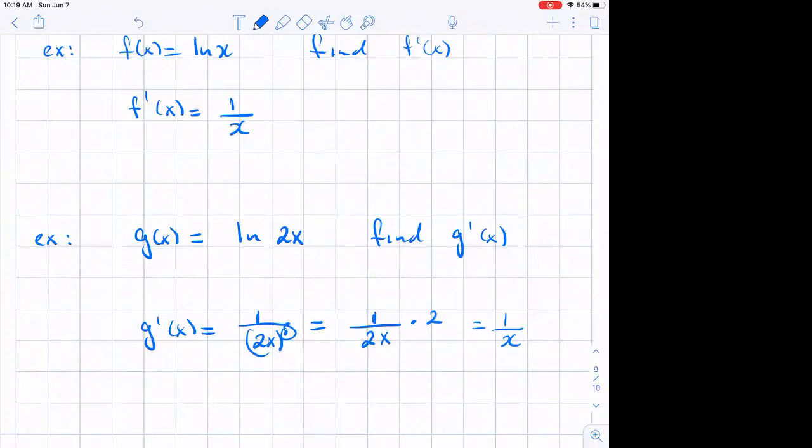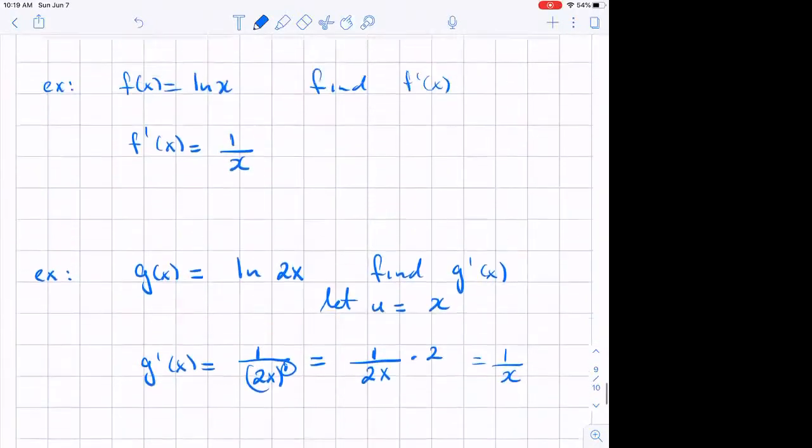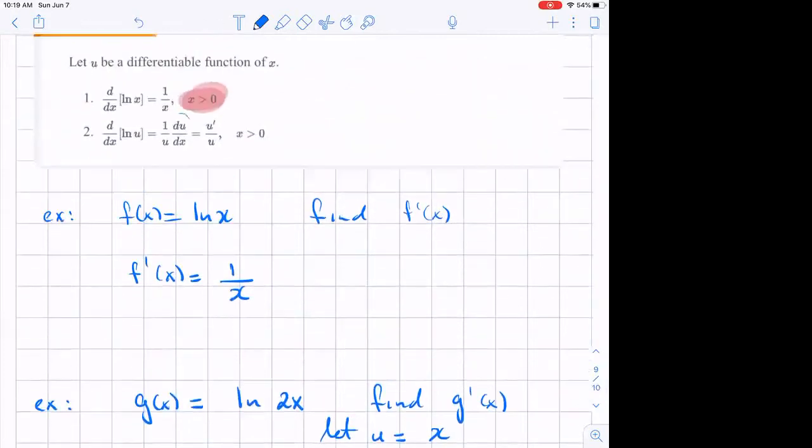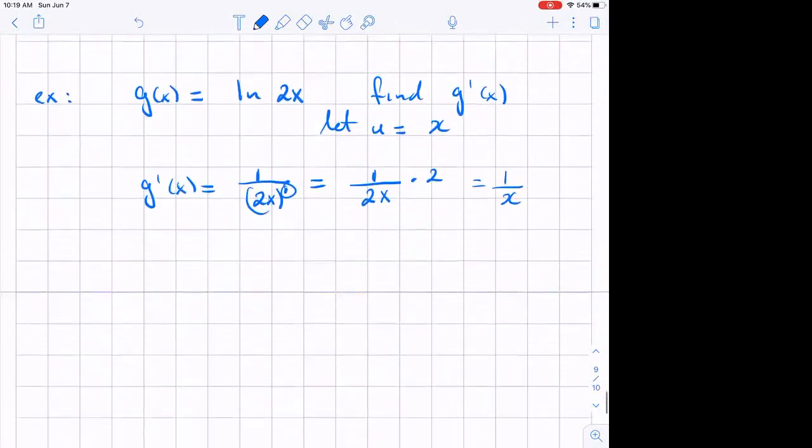Yeah. You can really look at this. You can say, let u equal 2x. And if you want, we can follow this formula here. Right? So it'll be 1 over u.